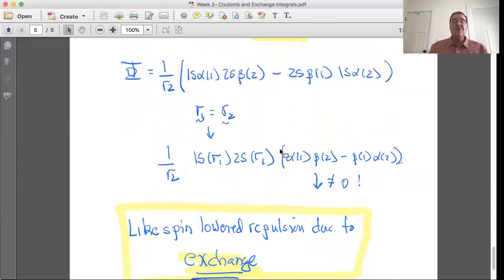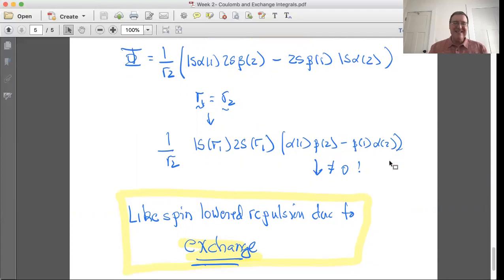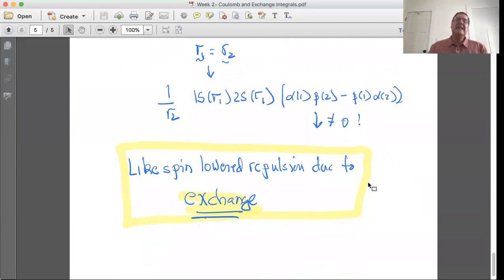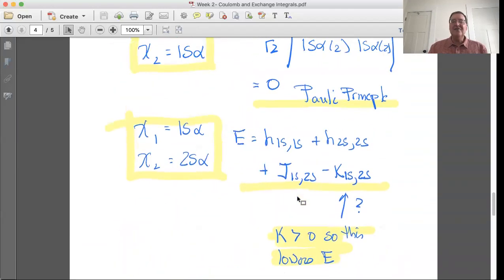And what you can show is that this wave function does not go to zero when the particles get on top of one another. It's 1s r1, 2s r2, but here it's alpha 1, beta 2, here it's beta 1, alpha 2. Those are different functions. You know, we don't know the internal coordinates. So what it says is like spin particles have lowered repulsion due to the exchange interaction, due to that beast right there. And it's going to be important for us to get that right.